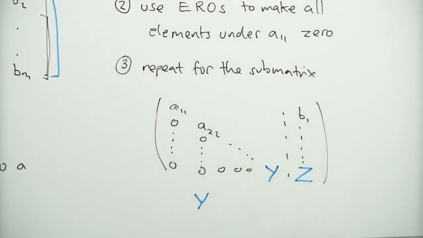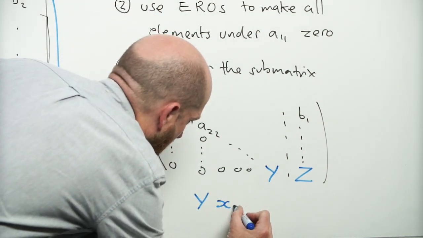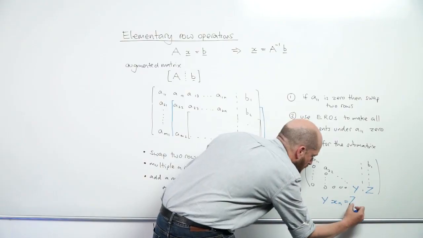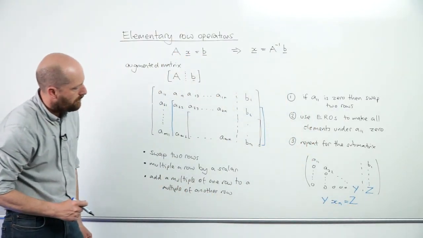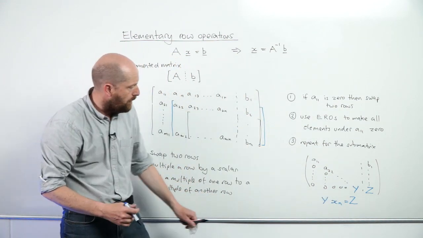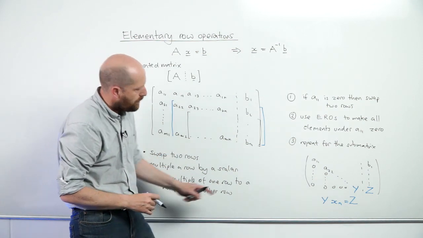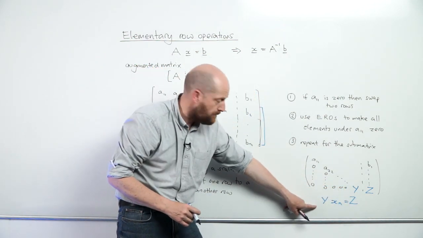This line here, if I were to go back to this set of equations I came from, what this line is saying is that y multiplied by xn equals z. Okay, so what that says is that hopefully I can work out xn. I've simplified all of these equations now so that at least one of them is very simple.